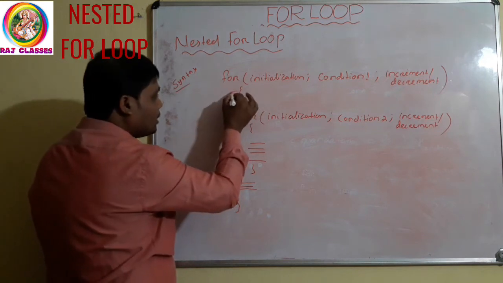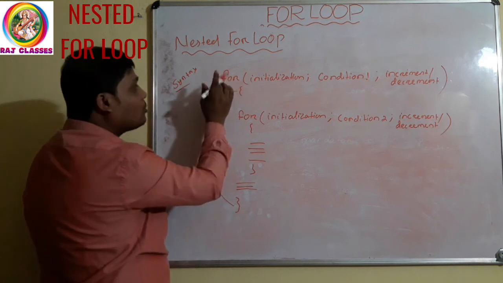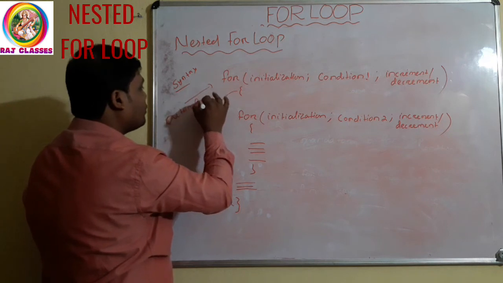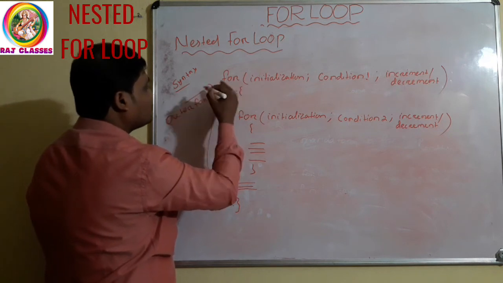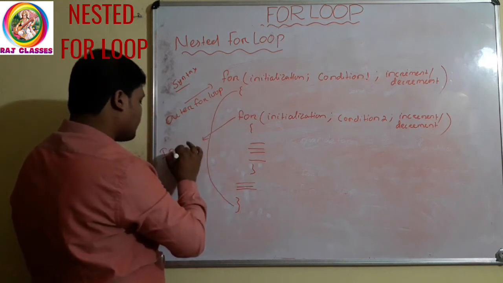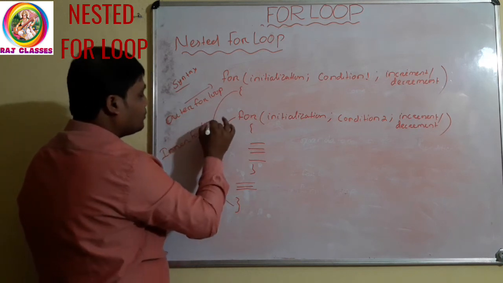Just see. This is the body part of the outer for loop. This is called the outer for loop. Clear? And this is called the inner for loop.